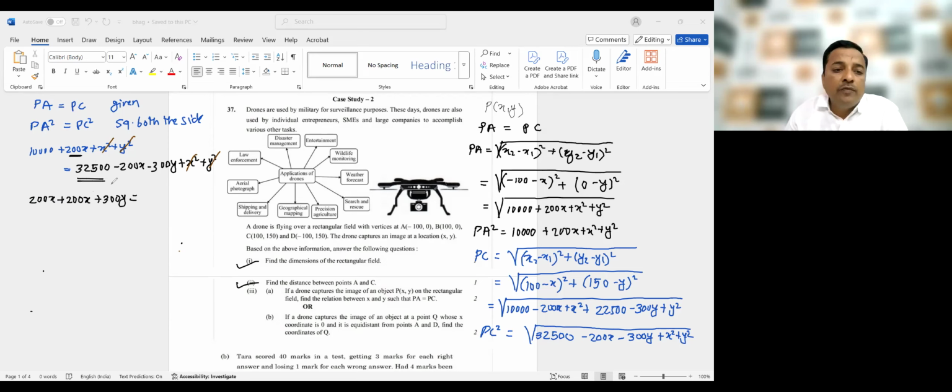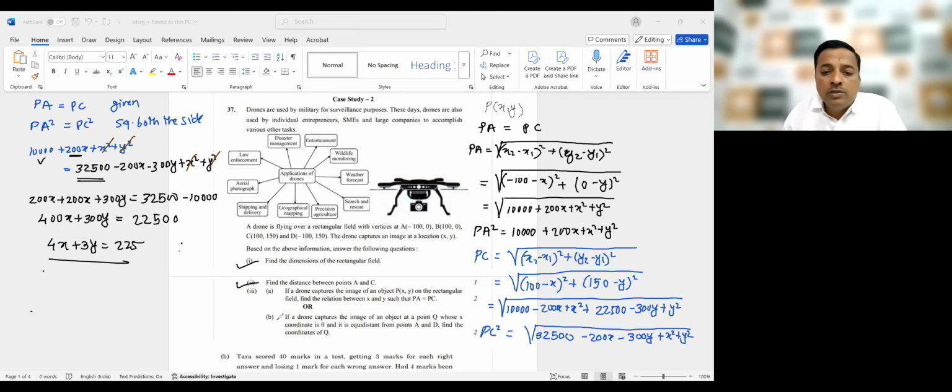On the right hand side we already have 32,500, and we subtract 10,000 from it. So this becomes 400x plus 300y equals 22,500. Divide the whole equation by 100, and it becomes 4x plus 3y equals 225. The question was to find the relationship between x and y, so this is the relation between x and y.